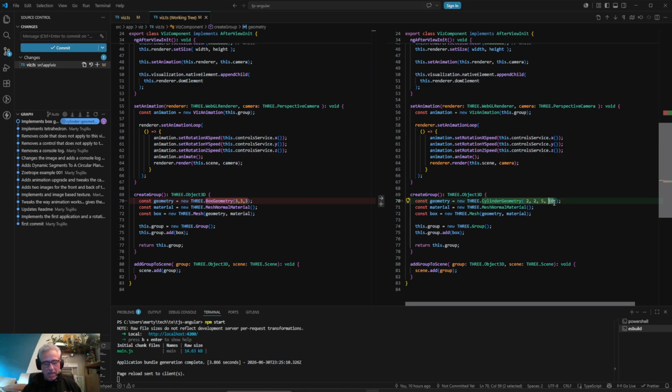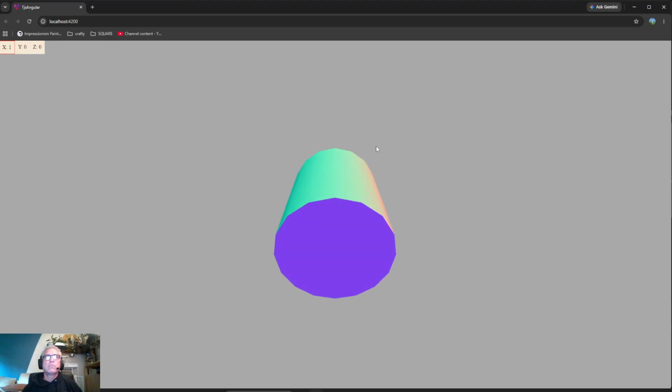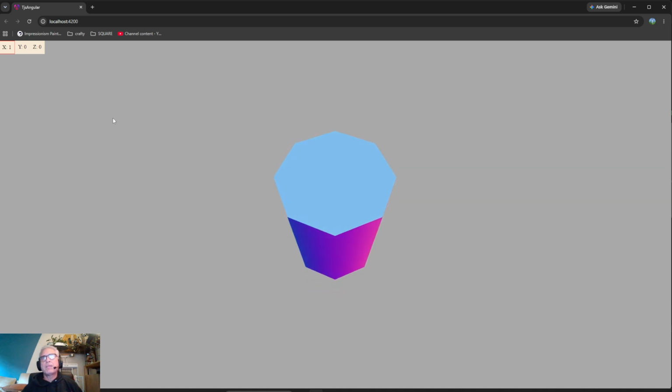Let's make this 8. I think it's even more. I wonder if each segment can have its own picture. If that's the case, then if you were inside of it and it's spinning around, maybe one of those.